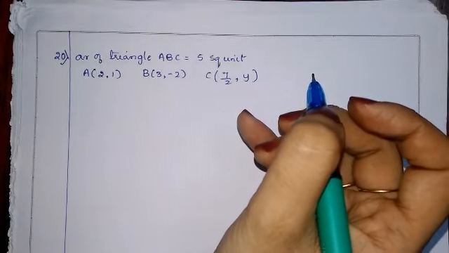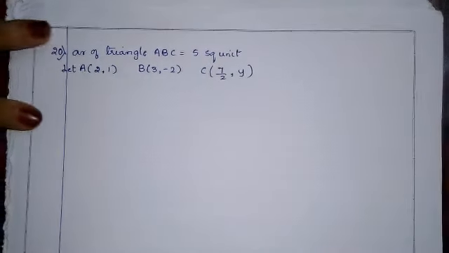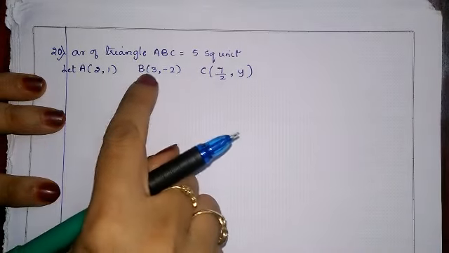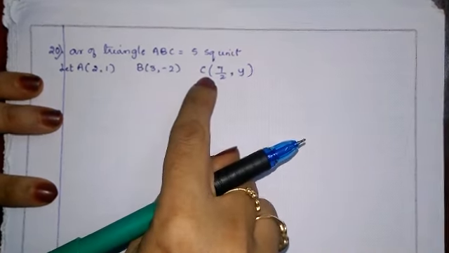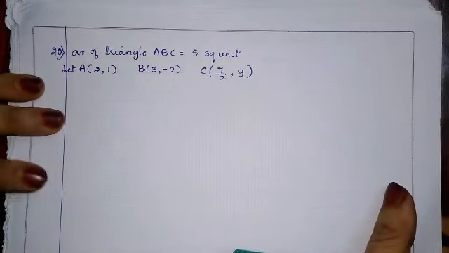Find the value of y. Because they have not named A, B, C, we will write: let A be (2, 1), B (3, -2), and the third vertex (7/2, y). Find the value of y.